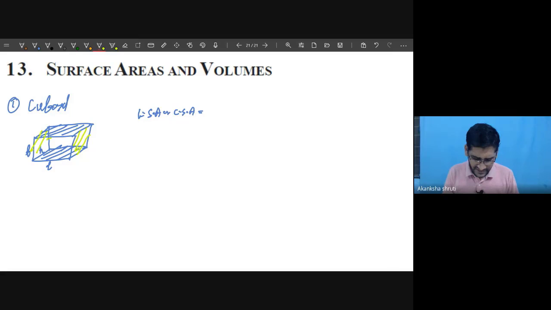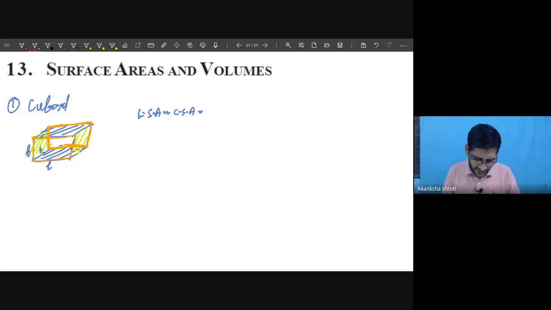In this case, the opposite areas are equal. Here we get two, one as the base and another as the top. These two areas are not considered in the lateral surface area. One is this area, another is this rectangle, so in total 6 rectangles are there.